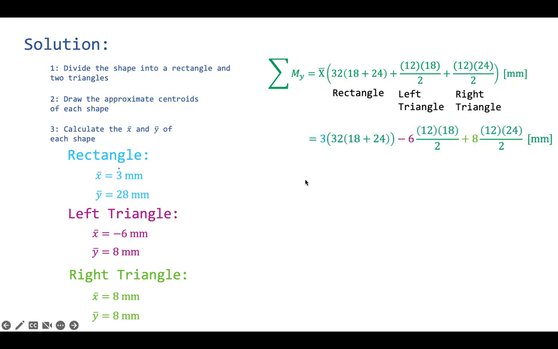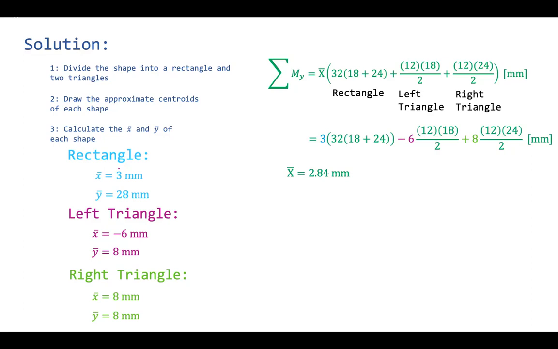So next up, this is in turn equal to the sum of the centroids of each of those three shapes times the area of the shape itself. So first, the x coordinate of the centroid of the rectangle, which is 3 millimeters from the origin, times the area of the rectangle, and so on.